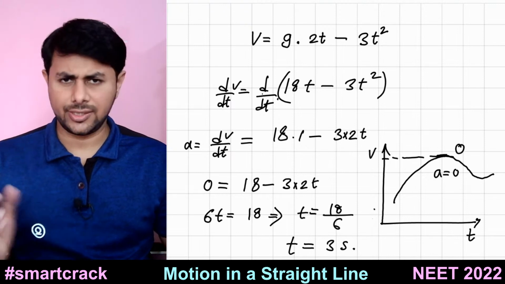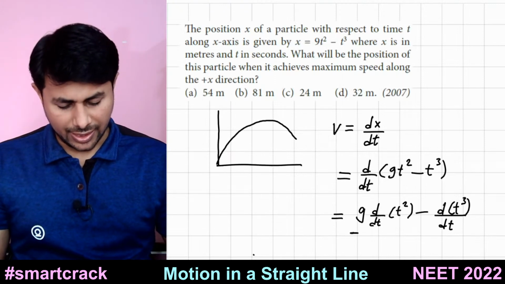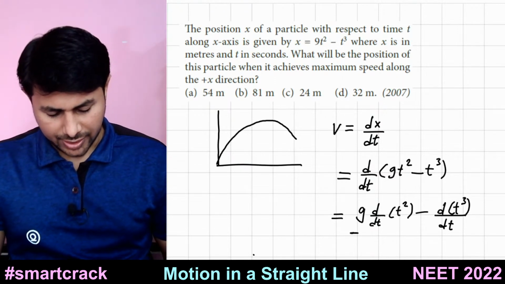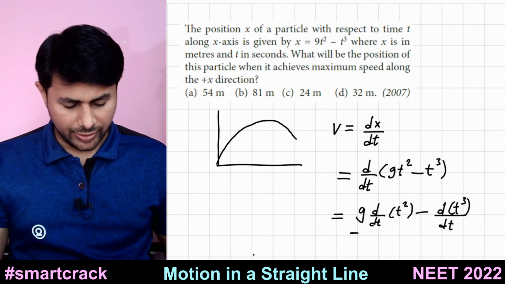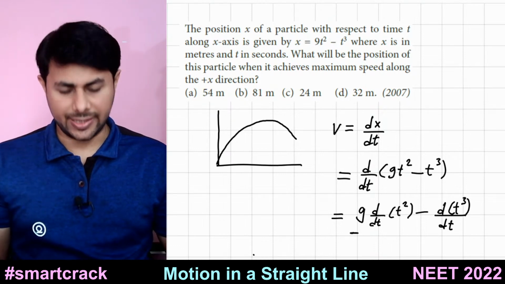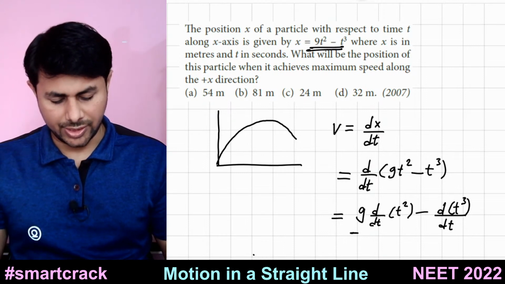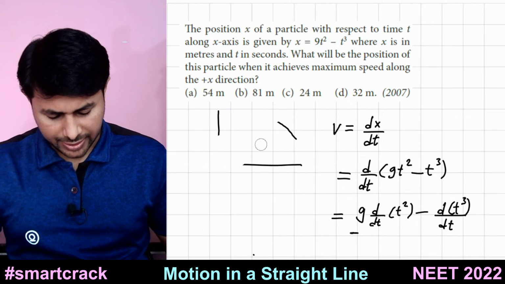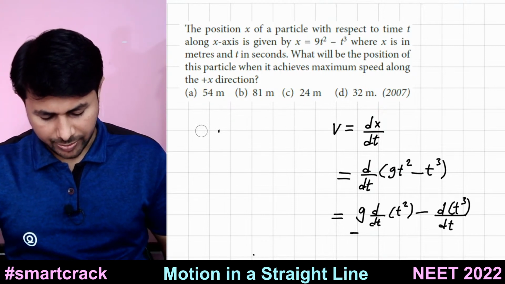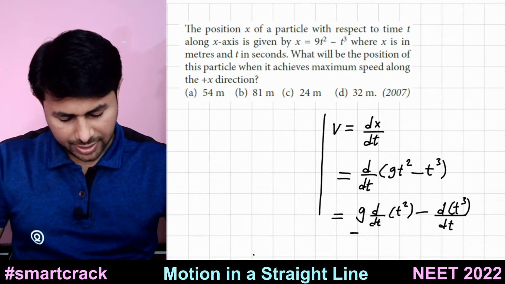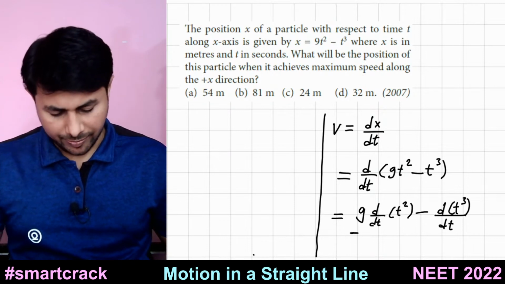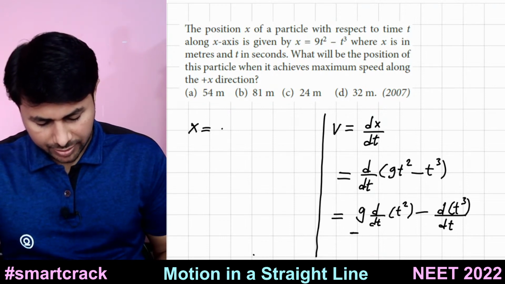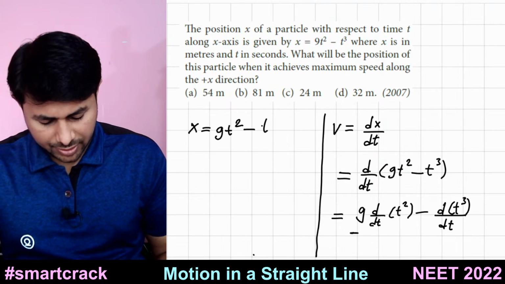This is a somewhat lengthy question. So we are asked, what is the position? We have to substitute t equals 3 seconds in the formula for the position. We found t equal to 3 seconds is the time when velocity is maximum. So position x is equal to 9t square minus t cube.